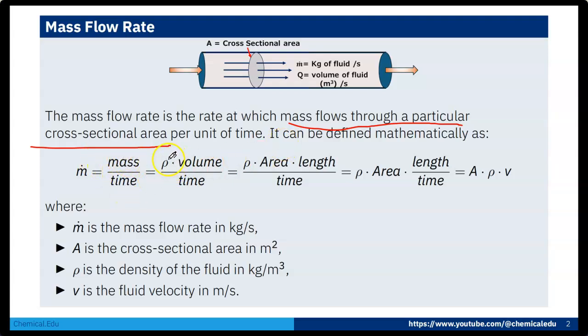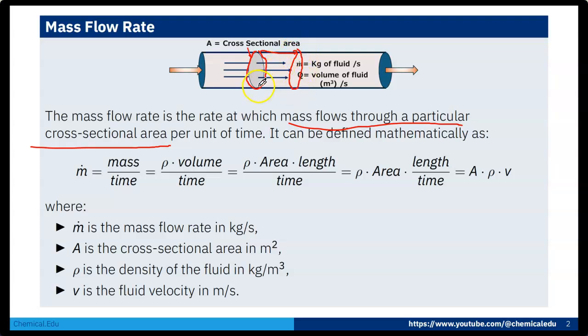So mass, we know, is density times volume, and then divided by time, so that is mass flow rate. Now here is volume. Suppose that fluid crosses this cross-sectional area and travels some length L in a particular time. So what will be the volume?